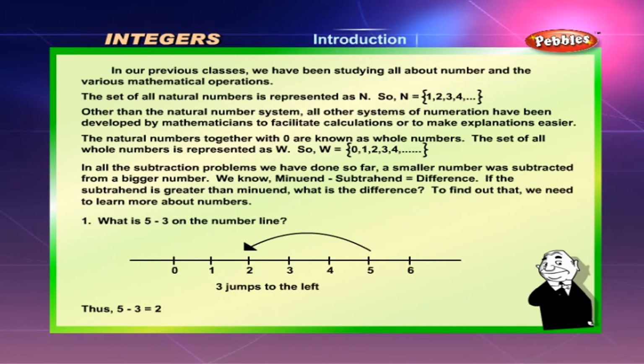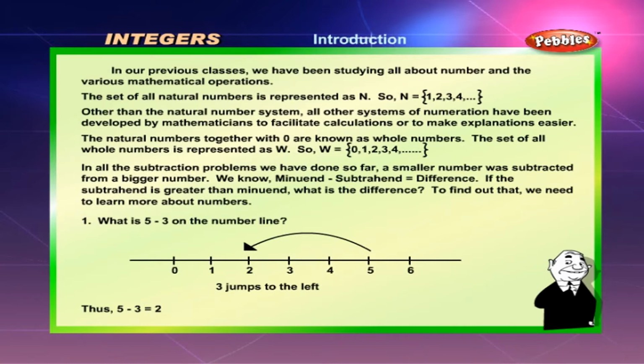Other than the natural number system, all other systems of numeration have been developed by mathematicians to facilitate calculations or to make explanations easier. The natural numbers together with 0 are known as whole numbers. The set of whole numbers is represented as W, so W is equal to 0, 1, 2, 3, 4 and so on.